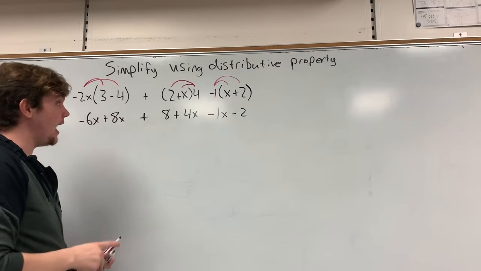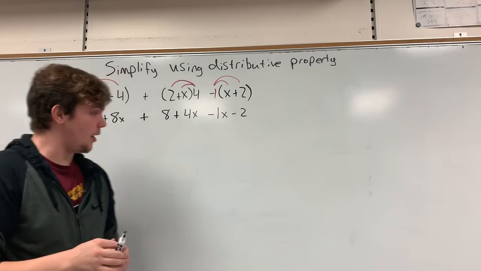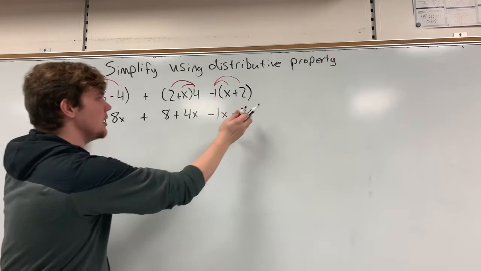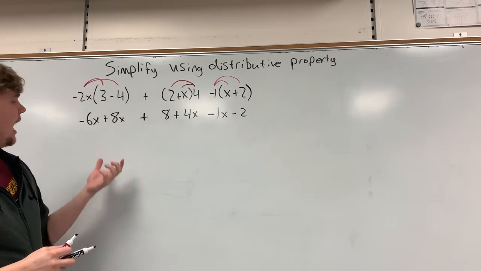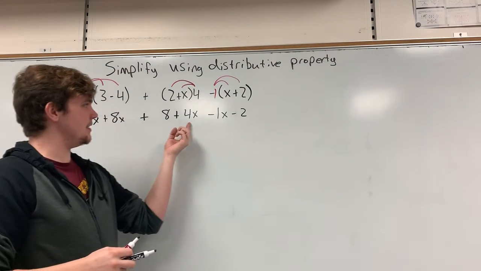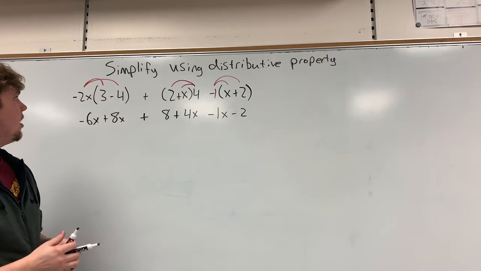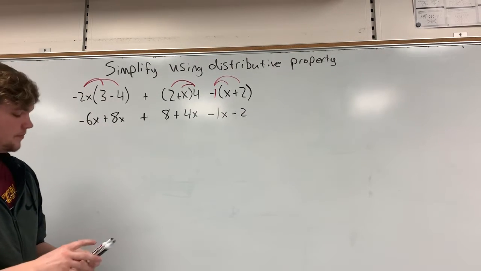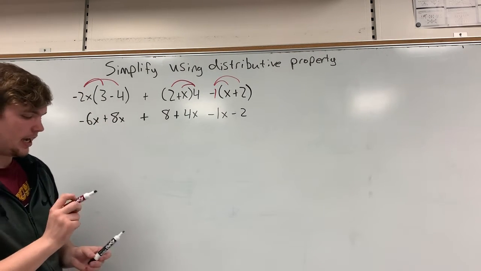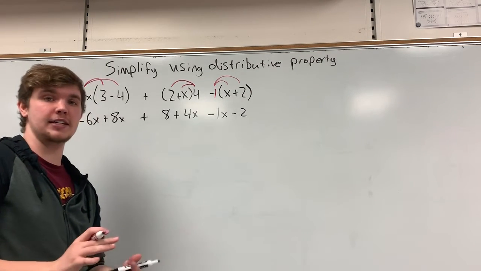Now, I have really one more step here. This is a pretty long expression, and I think we can simplify it if we put our minds to it. I have all of these terms with x's, and then I have a couple terms that do not have x's, no variables with them at all, just constants. So I'm going to try to combine all my like terms.